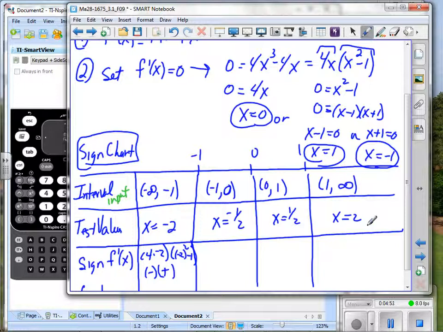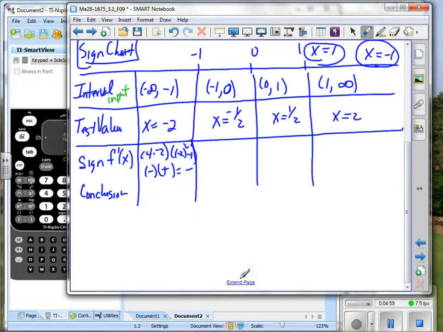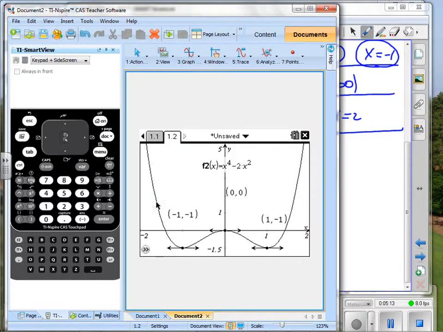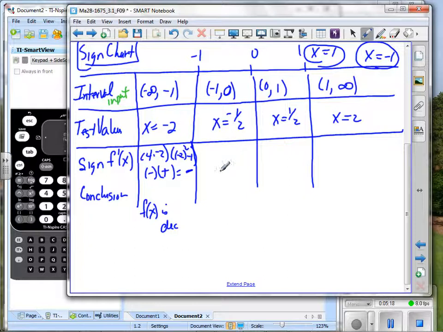What's the sign of a negative times a positive? It's a negative. So the first derivative is negative, my conclusion is that f of x is what? Increasing or decreasing? Decreasing. The first derivative is negative, so the function is decreasing. Is that what we said over here? Decreasing? Yeah, exactly what we said.